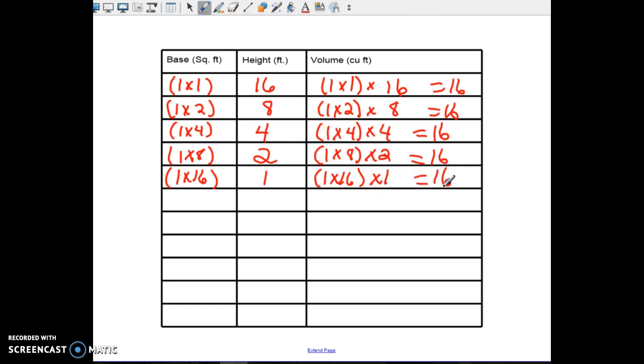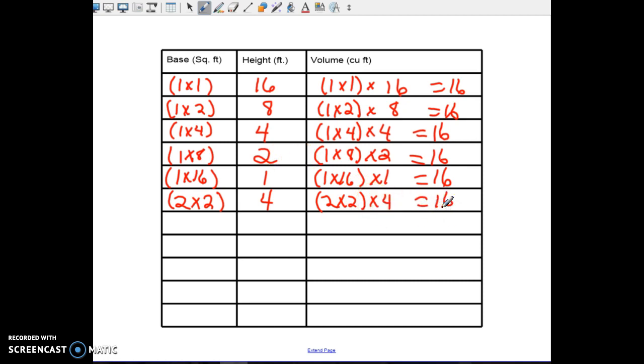Since we've exhausted all our 1s, we're going to go to 2s. We already did 1 times 2. Remember, it said you couldn't do the same. So how about 2 times 2? What is that? 4. And 4 times what? 4. So this one's going to look like 2 times 2 times 4 is equal to 16.